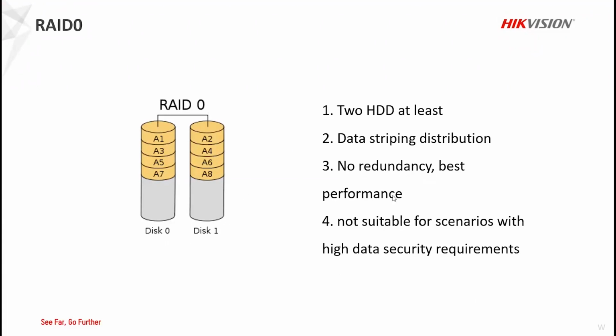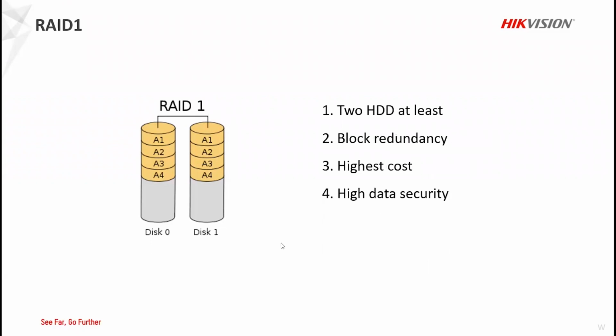The performance is very high because you have access to 2 hard disk drives with 2 bus speeds. So if you want a high performance scenario, you can go for RAID 0, but there's no redundancy. If one hard disk fails, your data will be lost. So we don't recommend using RAID 0.